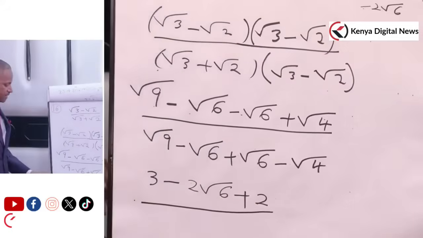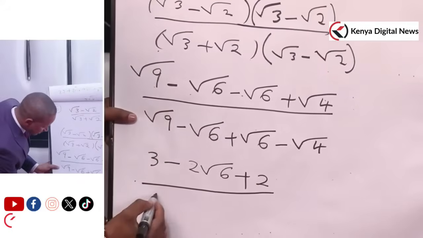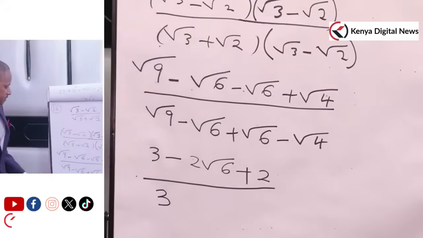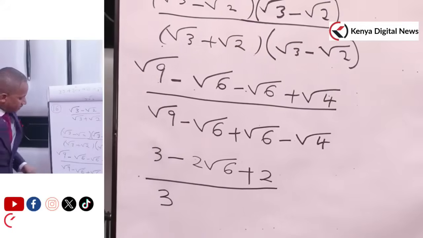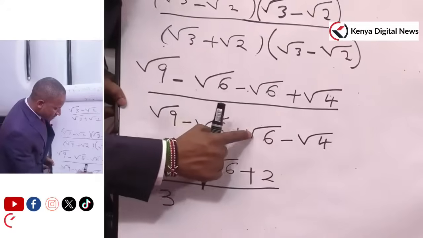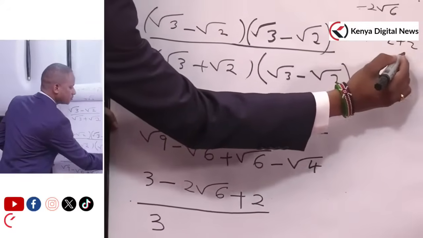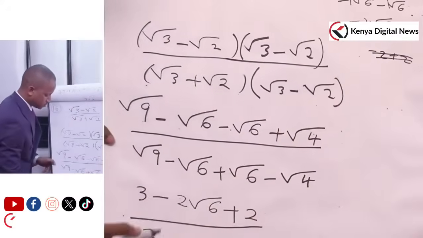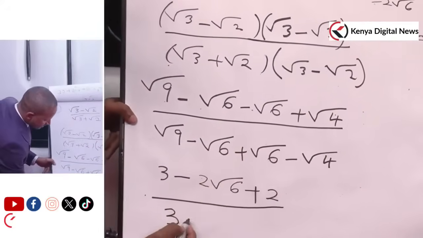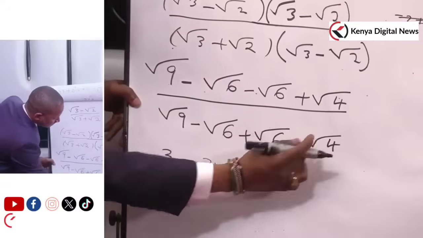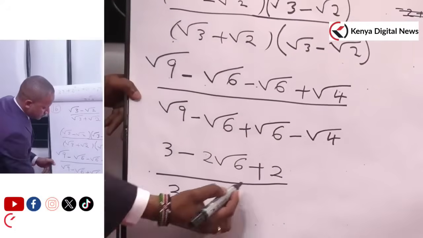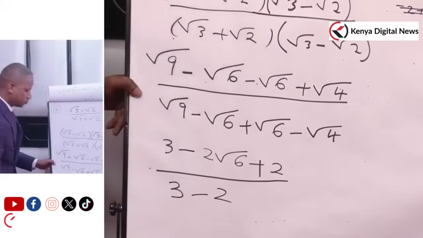This is divided by, you come down, root 9 is 3. Then minus root 6 plus root 6 is the same as minus 1 plus 1. This is 0. So minus root 6 plus root 6 is 0. Minus root 4 is what? 2.